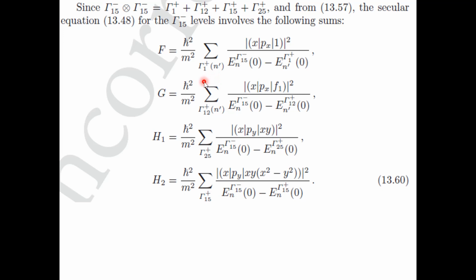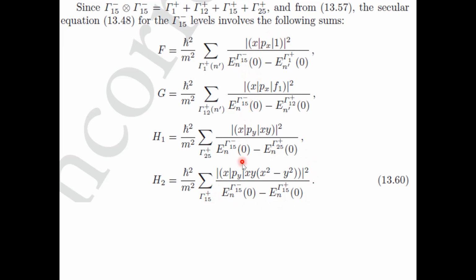we can actually separate the sum into a set of levels with gamma 1 plus symmetry, another set of levels with gamma 1 2 plus, and gamma 2 5 plus, gamma 1 5 plus.